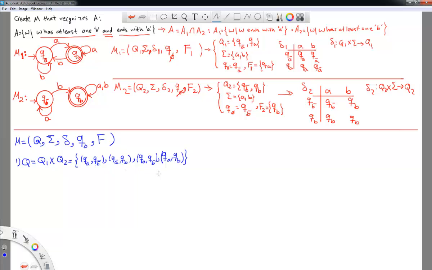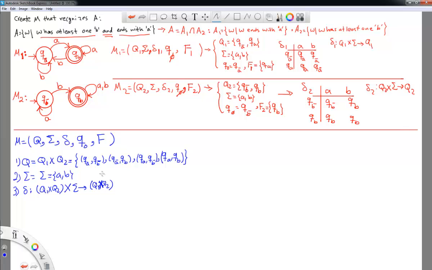So that's my set of states. My sigma is going to be equal to sigma, which is A and B. That's not a problem. And delta is going to be from Q sub 1 cross Q sub 2 cross sigma over to a pair of states Q sub 1 and Q sub 2.